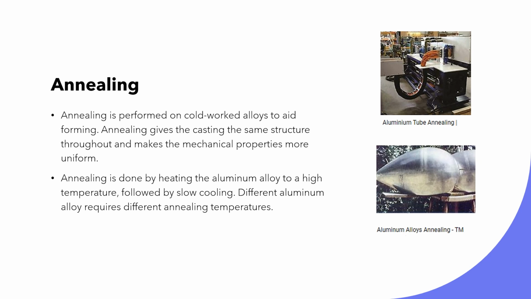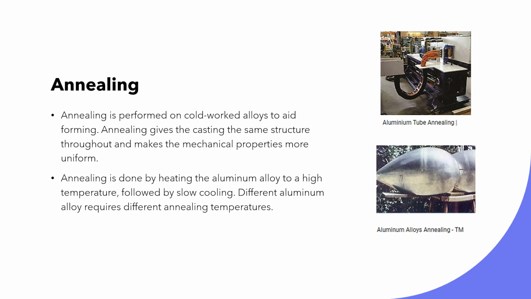Even though it's easy to say, it's really difficult to do. You need skills in casting to do that. Annealing is done by heating the aluminum alloy to a higher temperature, and then we slow cool. I already told you this previously, we studied that.